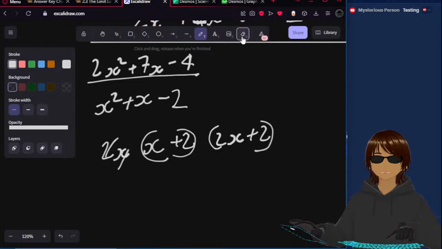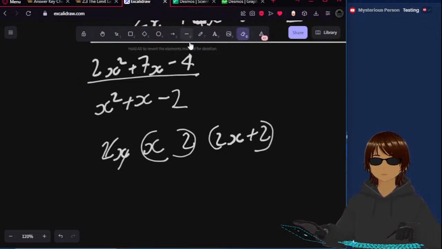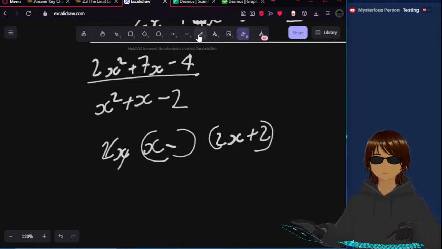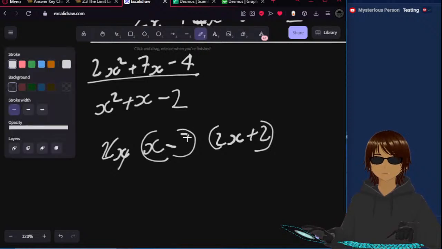One of them is a minus. Is this 3? No, I think this is 2.